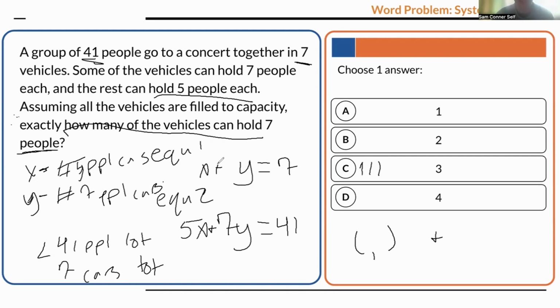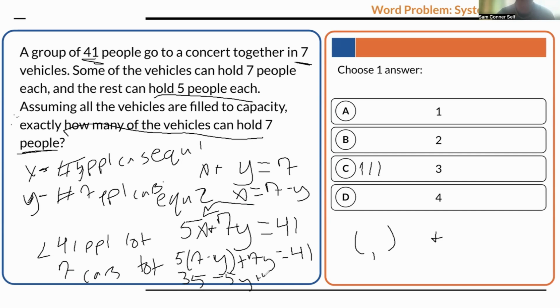So in that case, for substitution, I'm going to isolate x to get x equals 7 minus y. And then I'm going to plug that into the second equation to get 5 times (7 minus y) plus 7y equals 41. Then you multiply out: 35 minus 5y plus 7y equals 41.